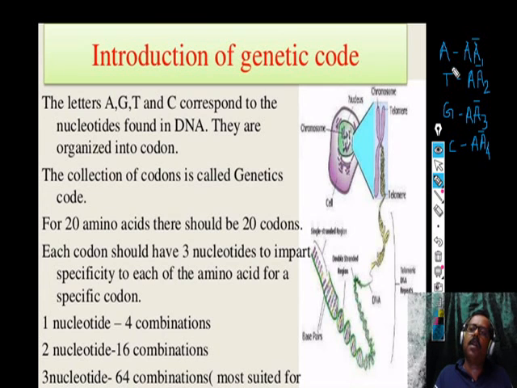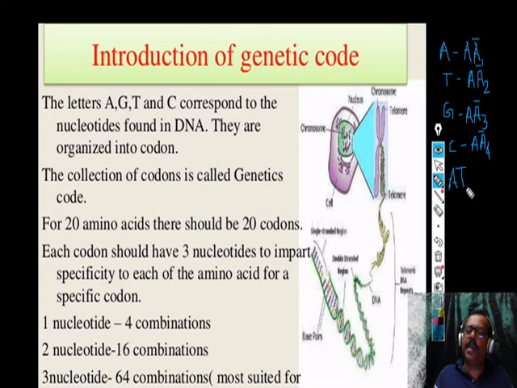Now let us go for 2 nucleotides. Suppose you consider A then T together, AT. AT will code for one amino acid, then TA will code for another amino acid. For each combination we will get one amino acid.